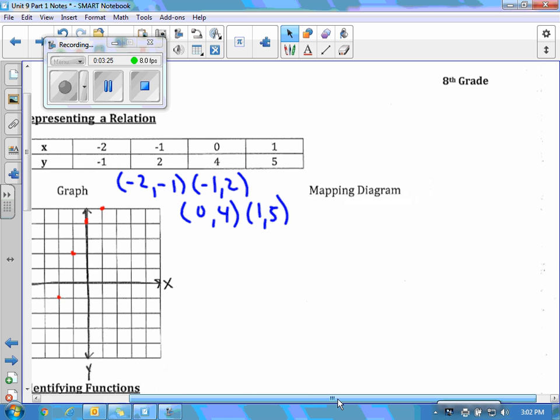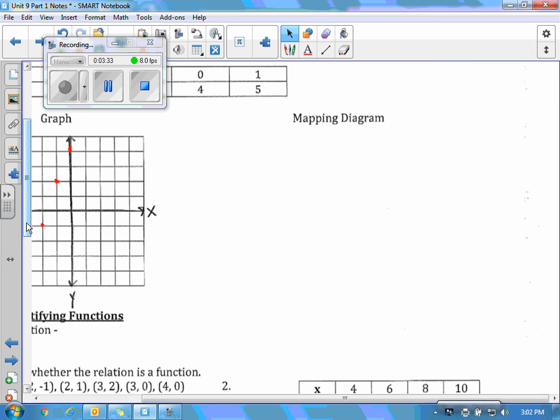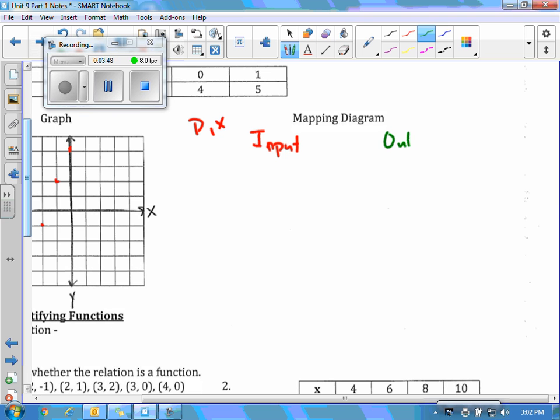The next way you can look at a relation is what we call a mapping diagram. Okay, I'm going to erase these just to get them out of the way. So when you're making a mapping diagram, you're going to have one list that is all the inputs, which we know is the domain for the x values, and then you have another list which is the output, which we know is your range or your y values.